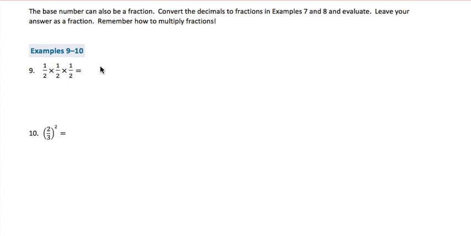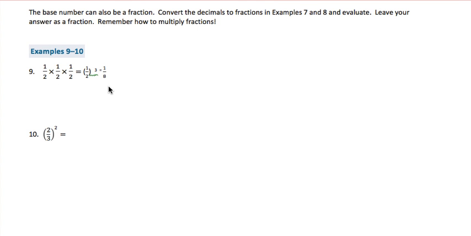So then in examples 9 and 10, we would follow the same pattern. 1/2 times itself 3 times is actually 1/2 to the third power. And what we find really interesting about this is that if you raise 1/2 to the third power, 1 to the third power, 1 times 1 times 1 is 1. 2 to the third power, 2 times 2 times 2 is actually 8.